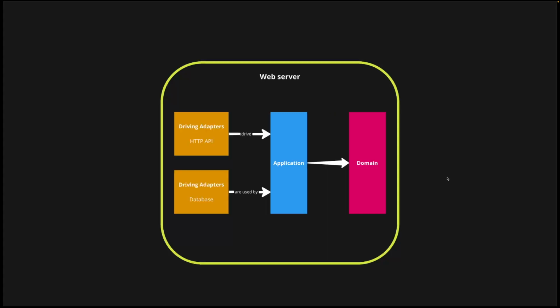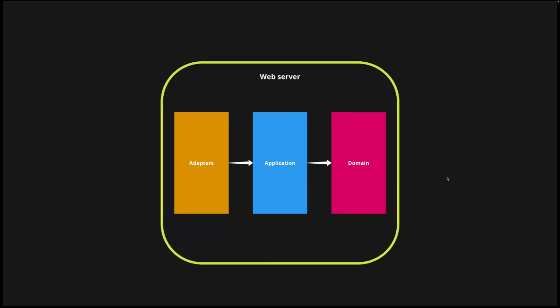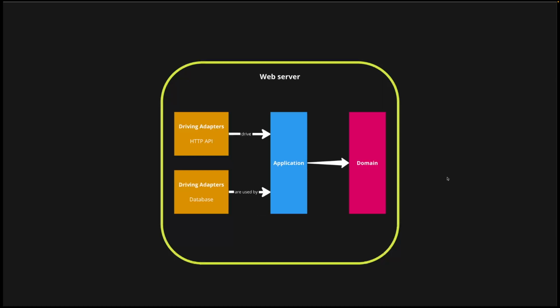If you think about these adapters being external to our application, there are two very different types of adapters. There are driving adapters. These trigger something in our application. So when we get a user request, an HTTP API request, it has to trigger something in our application. Hey, give me a recipe, or give me the top 5 user recipes.